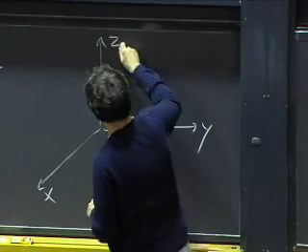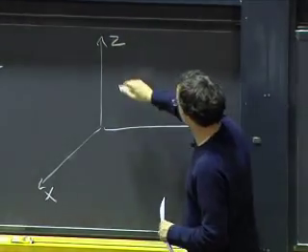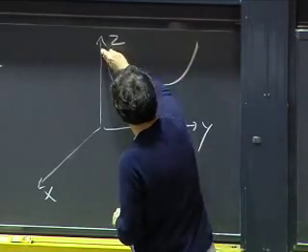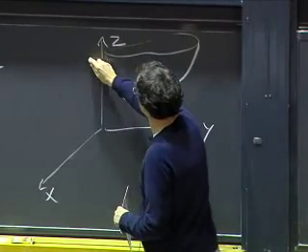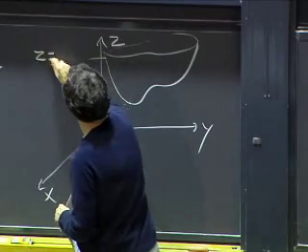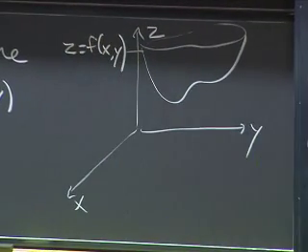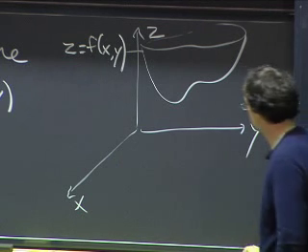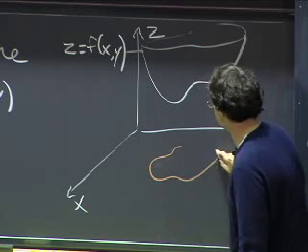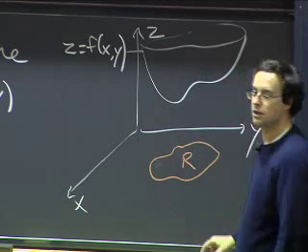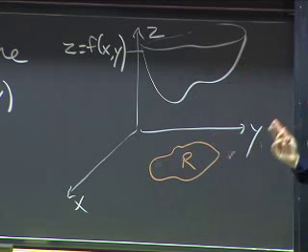Let's draw a picture for what this means. I have a function of x and y. I can draw its graph. The graph will be the surface with equation z equals f of x and y. And I have to decide where I will integrate the function. For that, I will choose some region R in the xy plane, and I will integrate the function on that region.